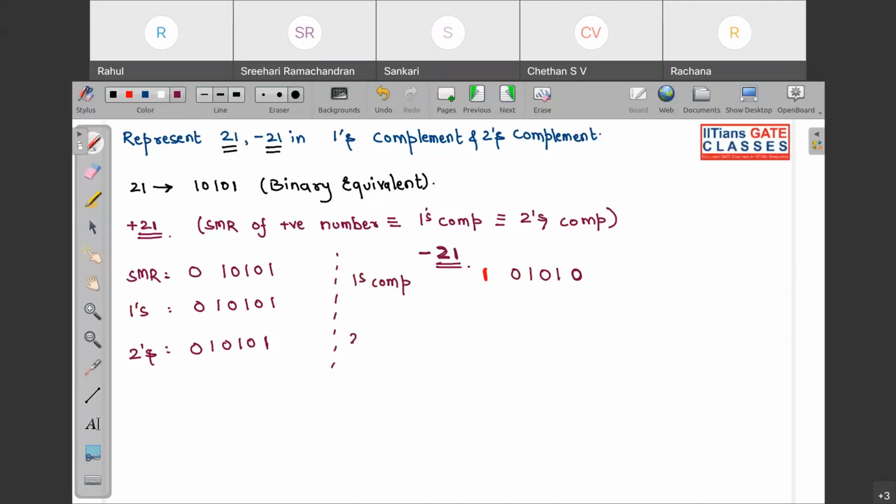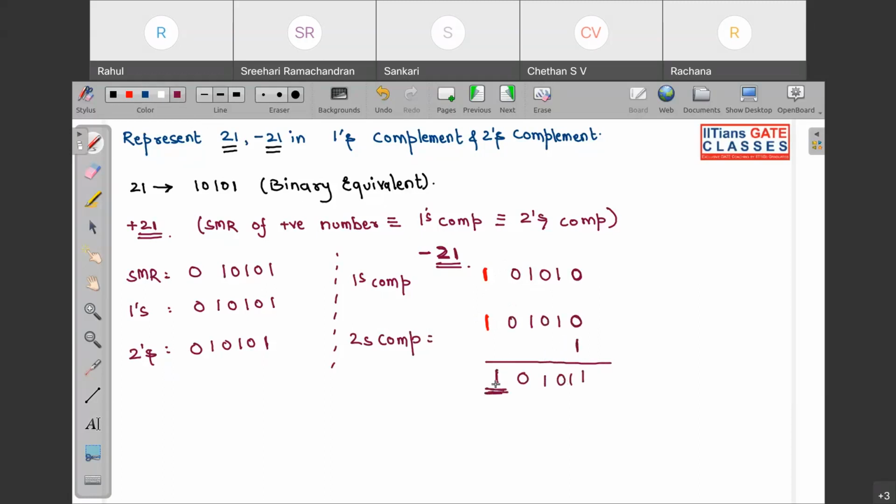Now if I want to do it in 2's complement, whatever is the result we get in 1's complement, simply we need to add 1 to it. So add 1, so this will be 1 1 0 1 0 1.